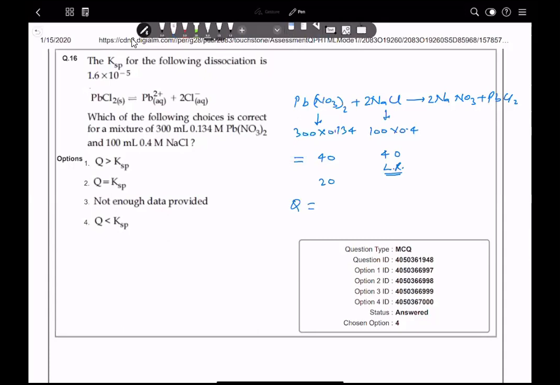First write Q. The concentration of lead is 40 upon 400, into the concentration of chloride ion squared, and the chloride ion concentration is again 40 by 400, squared. So this value comes out to be, after solving, 10 to the power minus 3. So Q is greater than Ksp. Because of the given options, your answer must be 1.